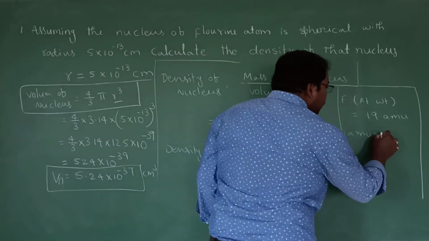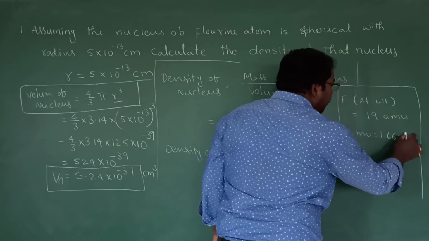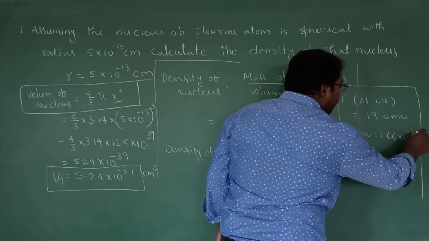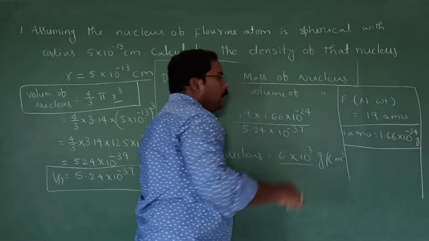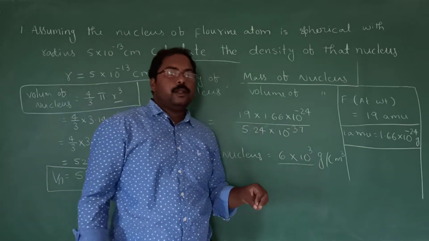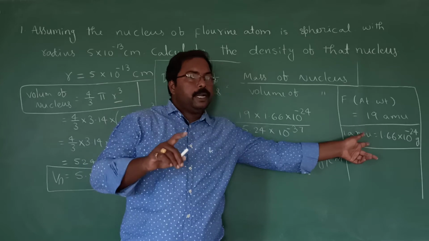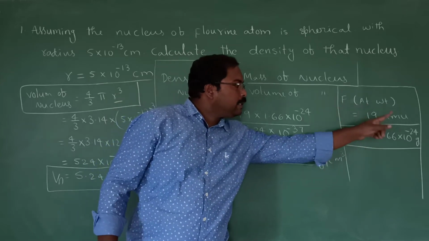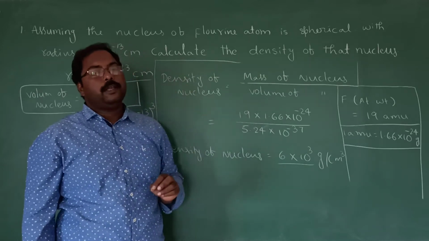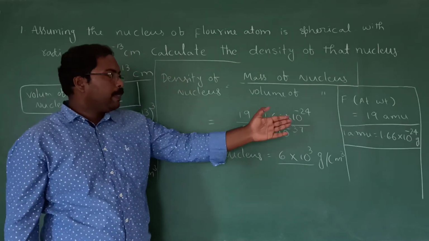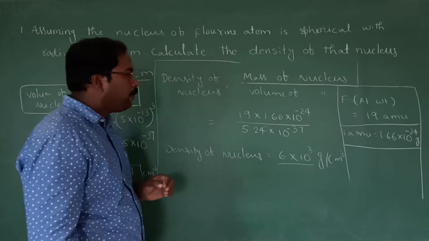Remember this, 1 AMU is nothing but 1.66 into 10 to the power minus 24 grams. You note it down very clearly in the notes. It is nothing but nearly the mass of the proton. Anyway, we can remember that value.